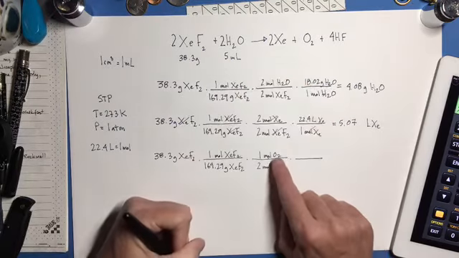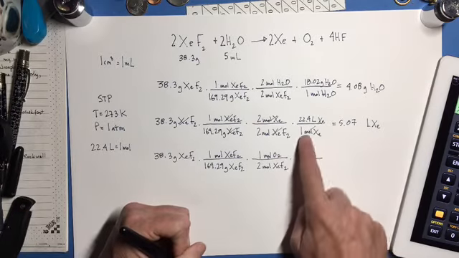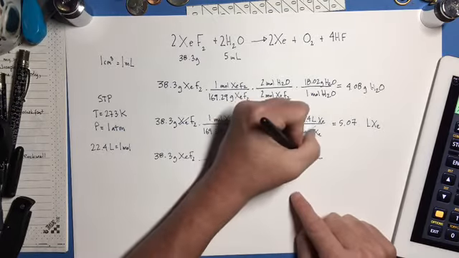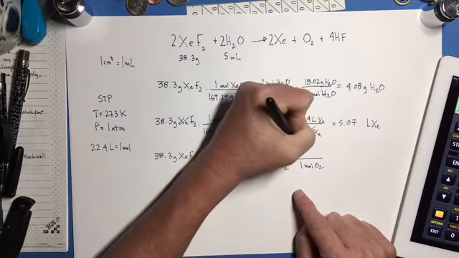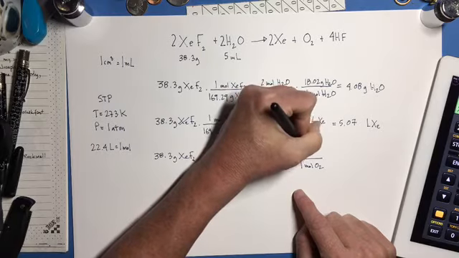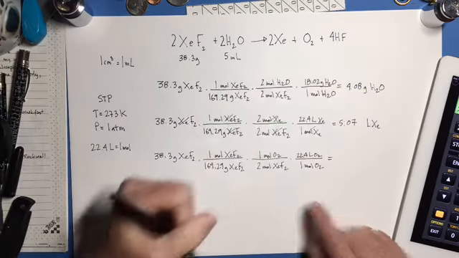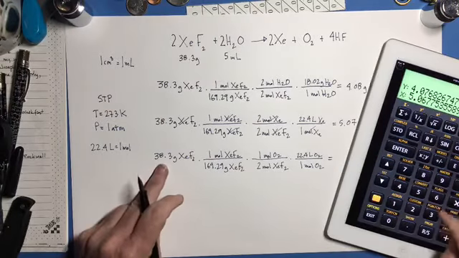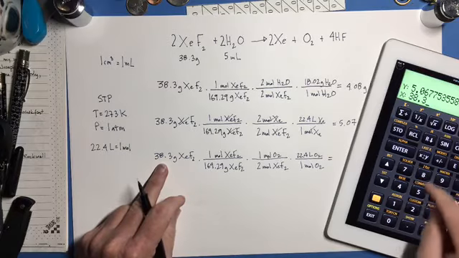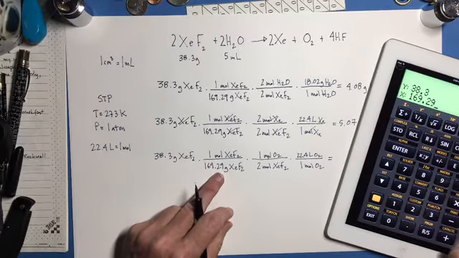I'm interested in finding the amount of liters of oxygen I have. Well, that's where this conversion will come in handy, because I know that at STP, 1 mole of oxygen occupies 22.4 liters of oxygen. All right, let's do the math. 38.3, 169.29 divide.